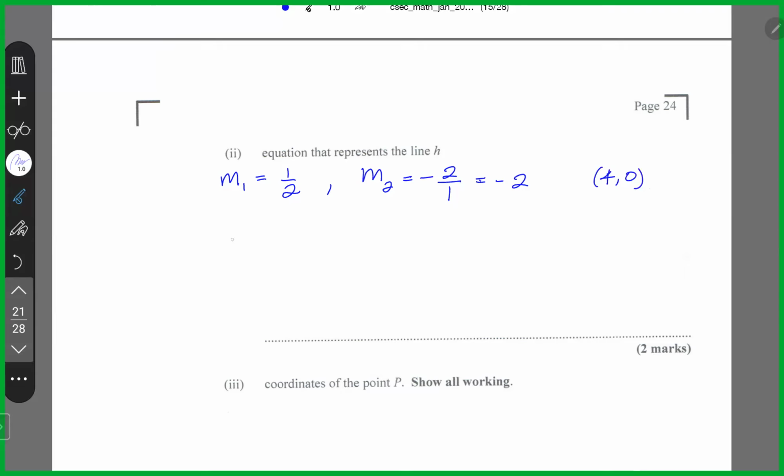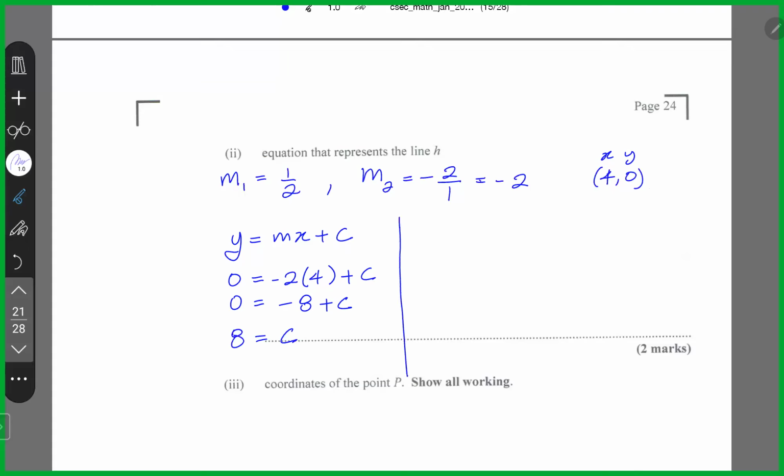So y equals mx plus c. Let's put those values in so we can calculate c. 0 equals -2 times 4 plus c. This is 0 equals -8 plus c. Negative 8 goes over to the left and becomes positive 8, so 8 is equal to c.